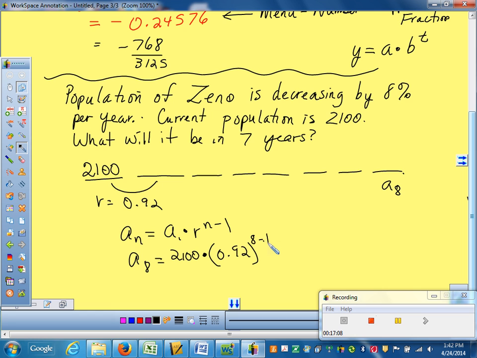And you would once again go to your handy dandy calculator, because who wants to take 0.92 to the 7th power by hand? Not me. And it actually turns out to be 1,171 people. Okay, think about that. This is 7 years later. It went from 2,100 to 1,171. That's a lot of people to lose in 7 years. There is something wrong in this town.